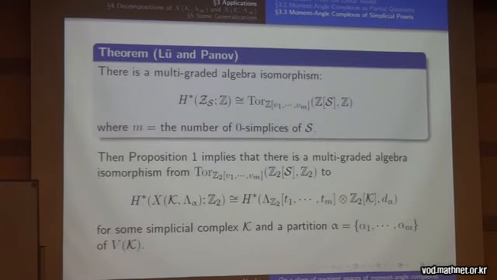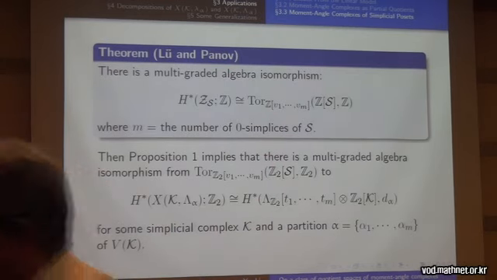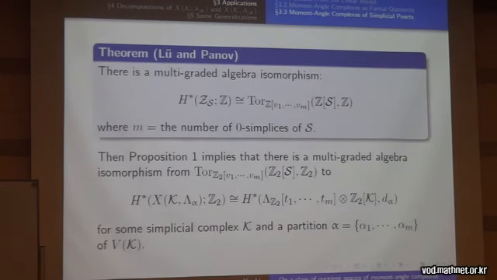Then, this is a theorem by Professor Liu and Panov: there's a multigraded algebra isomorphism from the moment-angle complex of the simplicial poset to the Tor algebra of the face ring of the simplicial poset. By our proposition, we can understand the Tor algebra of the simplicial poset in terms of this kind of algebra, because the spaces they represent are homotopy equivalent.